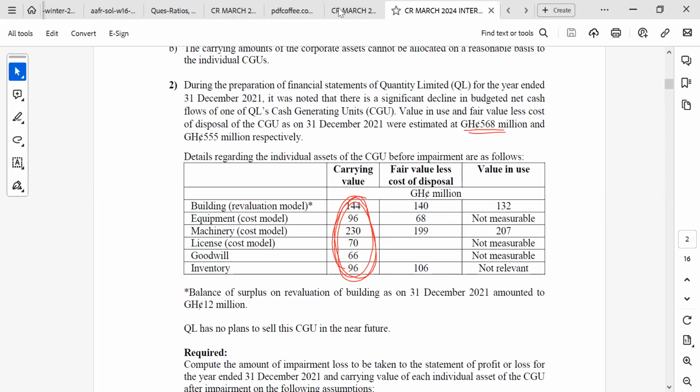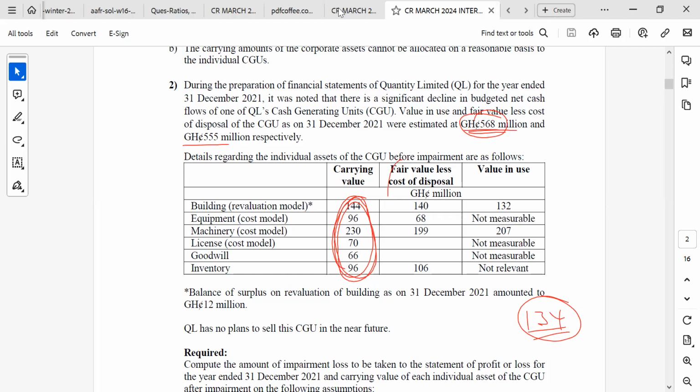I'm having 134 as the impairment. Is that correct? Minus what? Okay. The recoverable amount is 568. Yeah. Okay, correct. 134. That's correct.